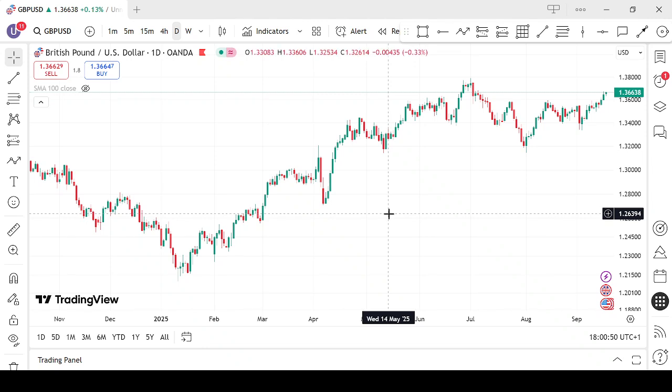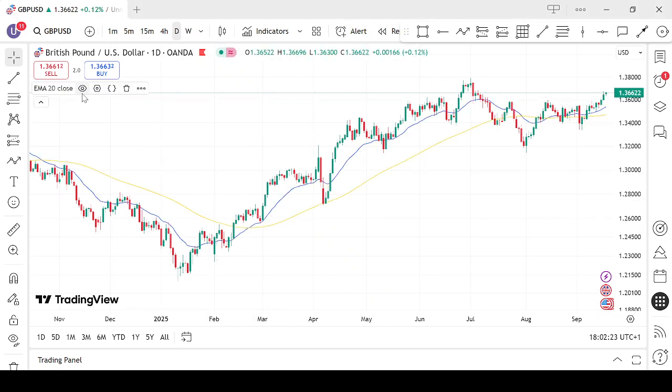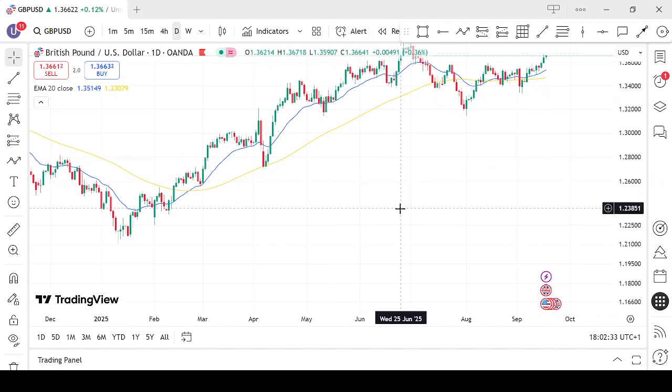First of all, you would have to plot a 20-day and a 50-day moving average. So I'm plotting my 20 exponential moving average and my 50 exponential moving average. The 20 exponential moving average is this blue line, while my 50 exponential moving average is the yellow line.